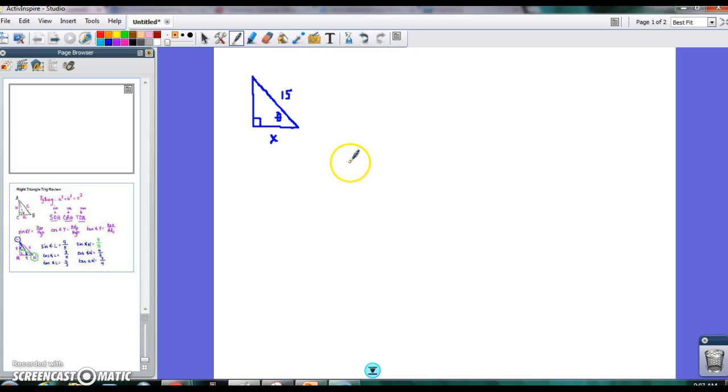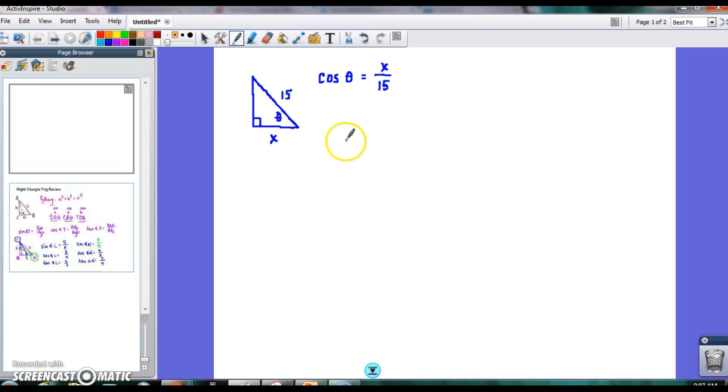And I asked you to just write whatever ratio you have here. You say, okay, well, that's my angle. I have the adjacent side, I have the hypotenuse, so that would be the cosine of theta is equal to x over 15. Okay, very good.